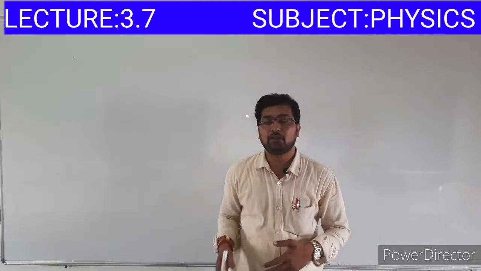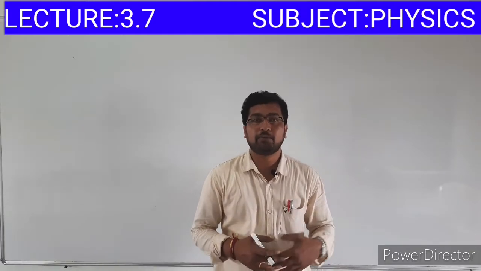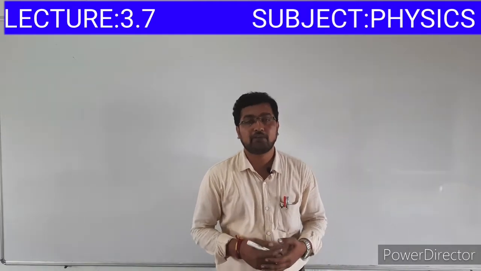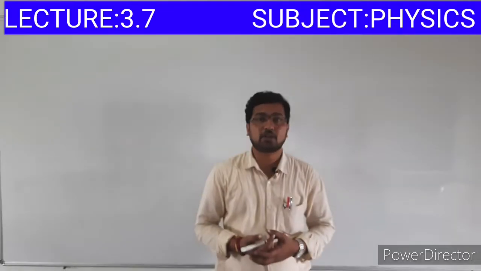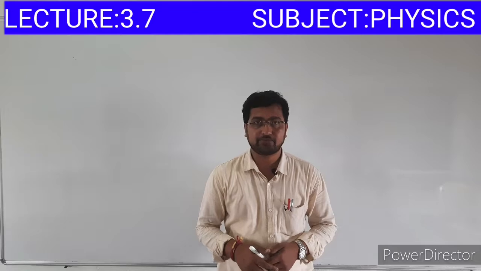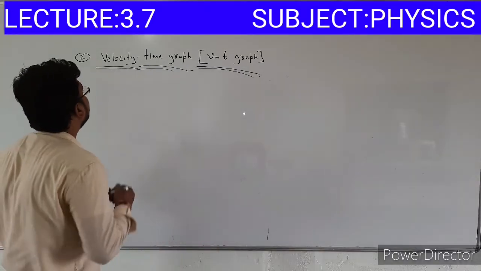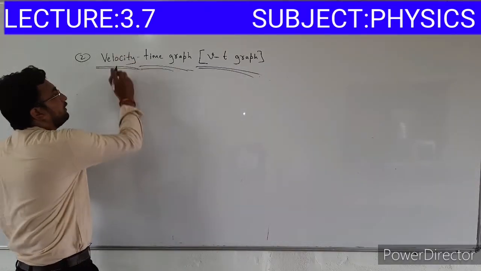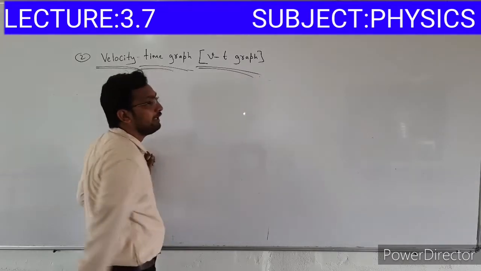So in this video we are going to discuss what we mean by the velocity time graph, and what the applications or significance of the velocity time graph are. The velocity time graph is also known as the VT graph.